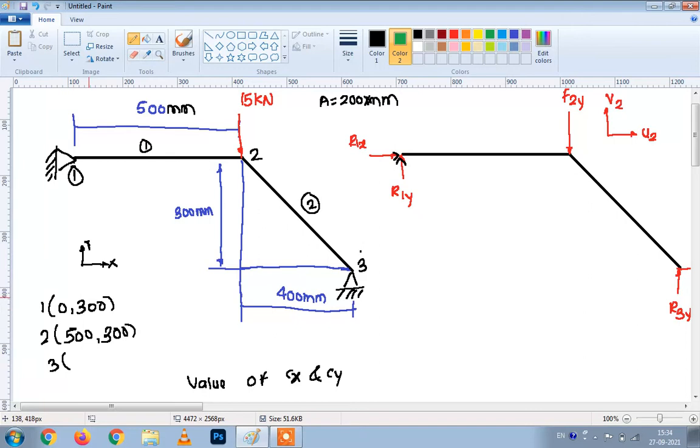Now point number 3, which is on the x-axis, where the value of y will be 0, and x is 500 plus 400, which gives us the total distance, 900, and the y value will be 0. As element number 1 is connected between 1 to 2, its global coordinates for local node 1 and local node 2 will be 0, 300 and 500, 300.